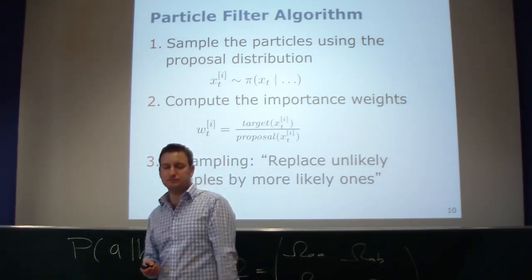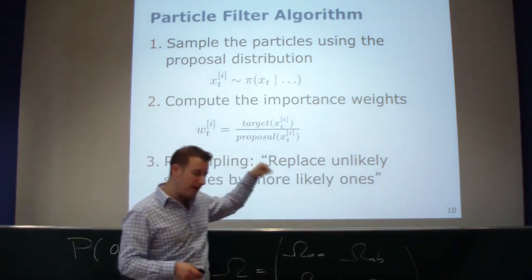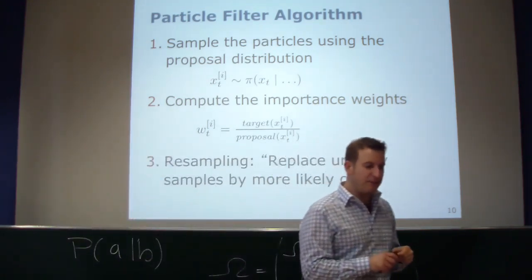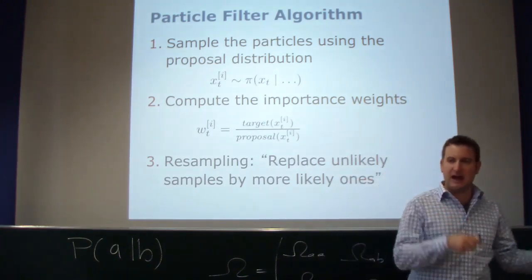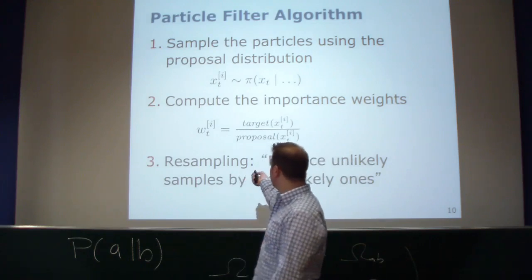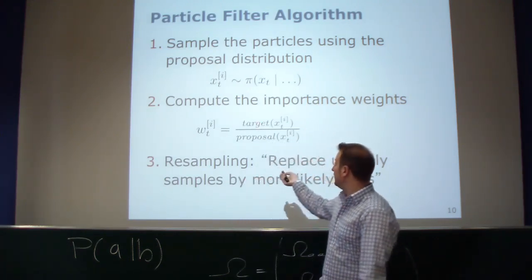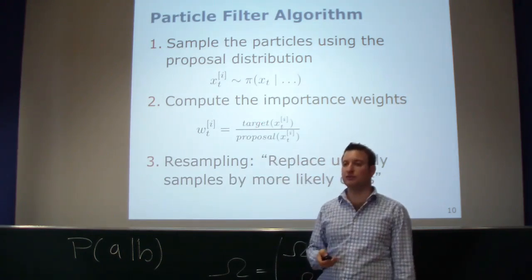Then in the second step, I compute the update weights, and this is the step which corresponds to the update step in the Bayes filter. What it does is it takes the target distribution, the thing I want to approximate, and divides it by the proposal distribution.